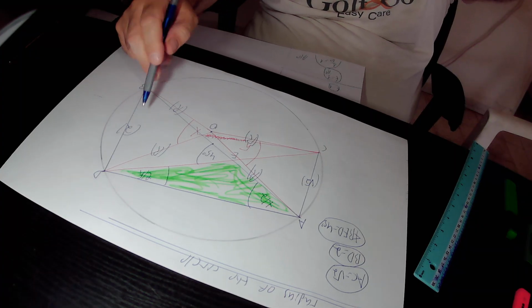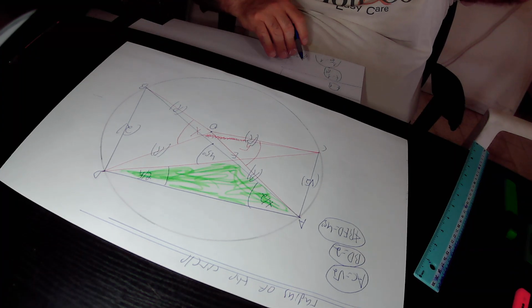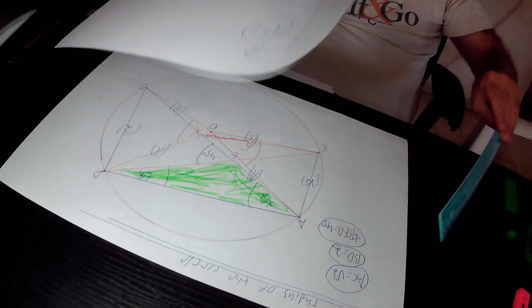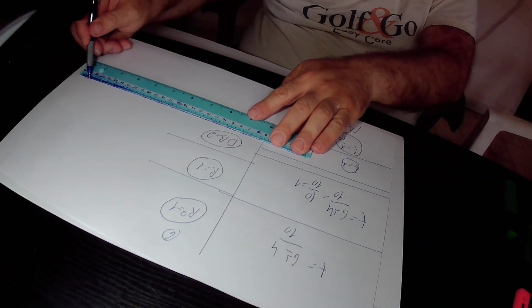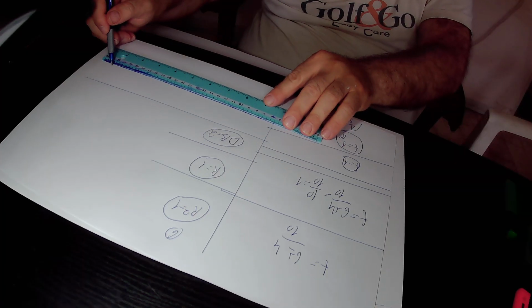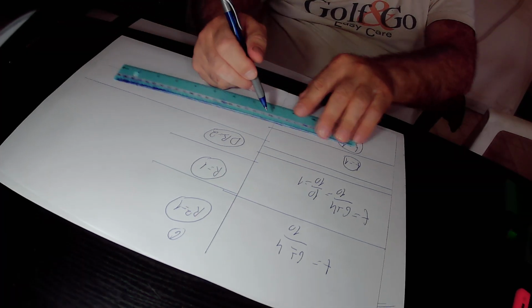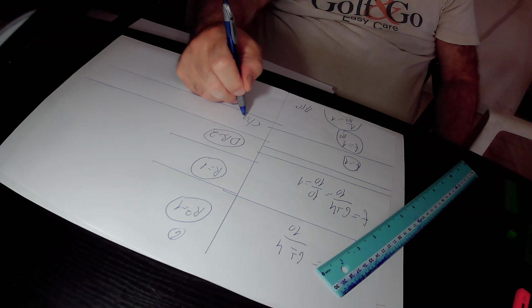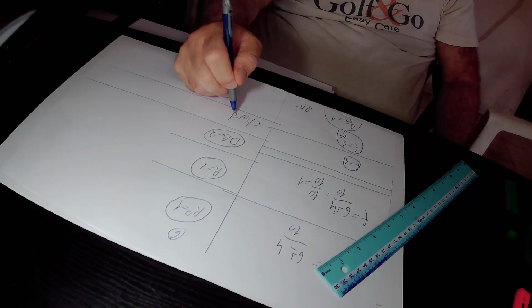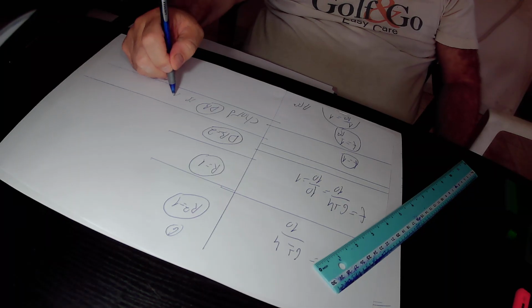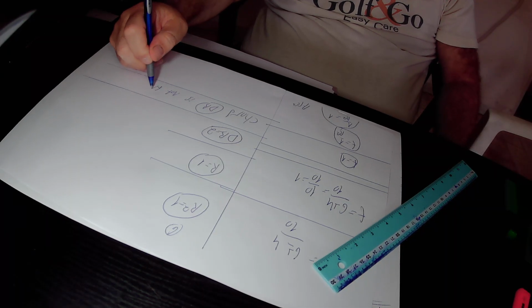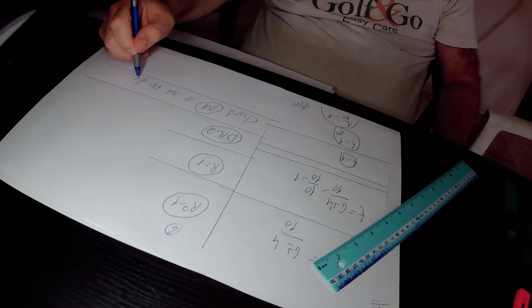Again, chord DB is not the diameter of the circle. So I write it down: chord DB is not the diameter of the circle.